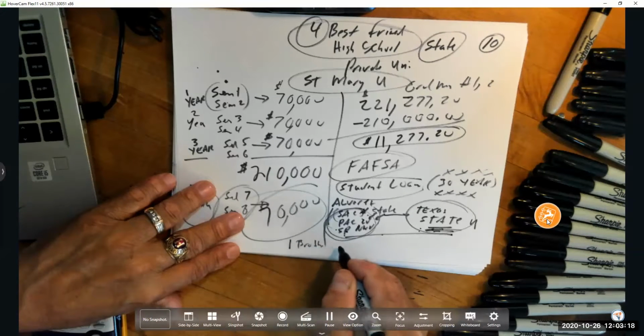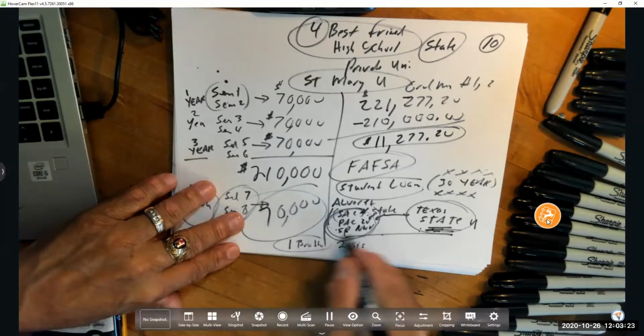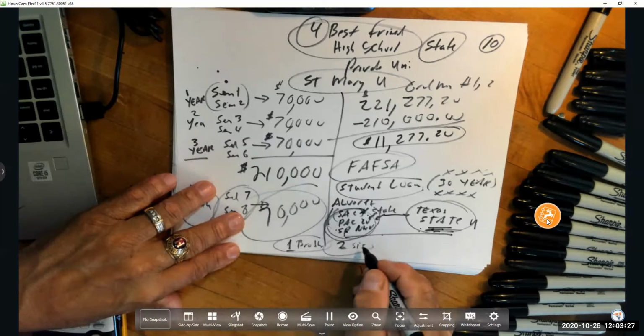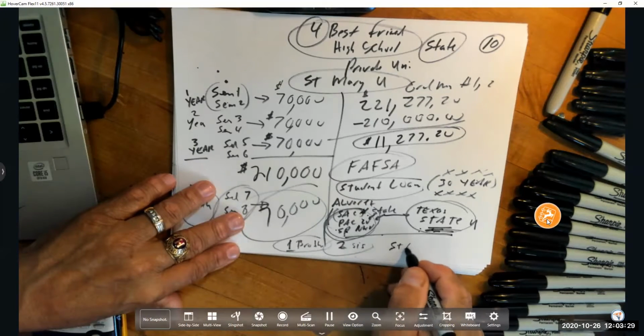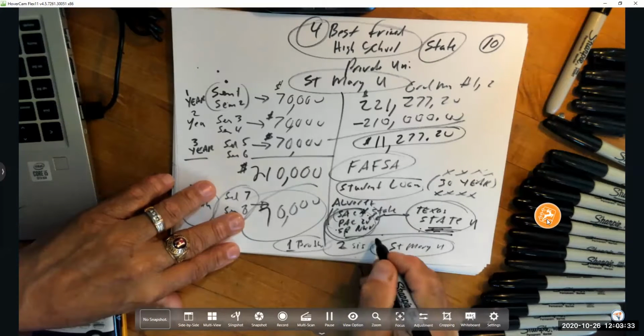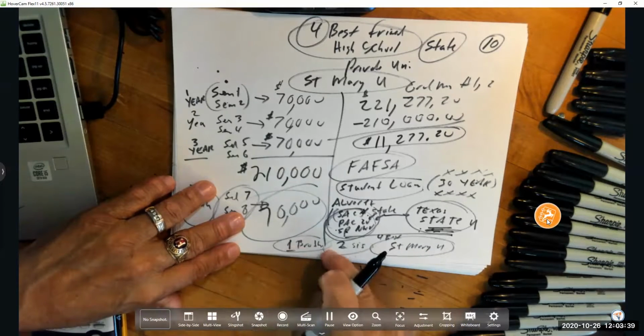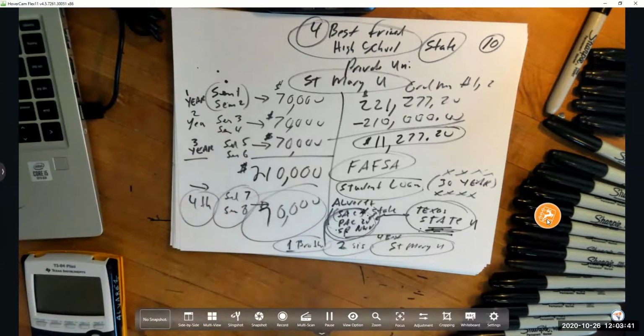But my brother and my 2 sisters asked me, are y'all going to go to Texas State also with me over here? They said, no. I said, where are y'all going to go? They said, we're going to go here, because our 4 best friends are going to school there also. To St. Mary's. My best friends are all going there. So that's where you're going to go? Well, yeah.